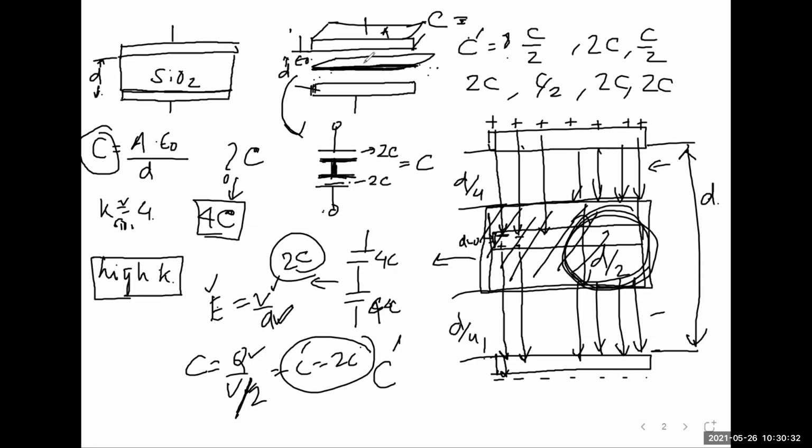I'm just asking you, if I put a metal, then what is the C? That's physically possible, right? Because there could be another routing cap here. Or it could be a sheet charge, like we calculated yesterday for the inversion layer. Inversion layers are thin sheet charges. They don't have a thickness.